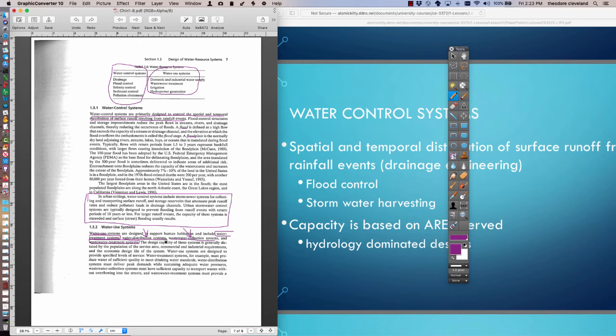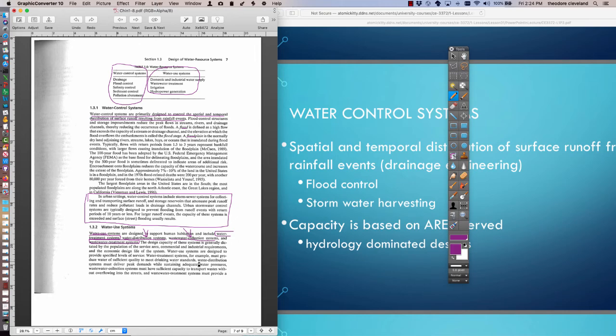So this class will spend a lot of time on water distribution and stormwater collection, and a little bit at the end on wastewater collection. The reason for the lower emphasis on wastewater collection is that we'll put more effort into stormwater collection. The hydraulics of the two are similar enough that studying one confers knowledge on how to design the other.